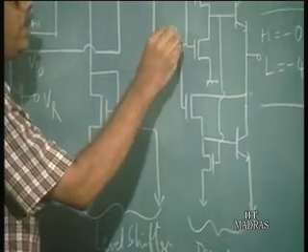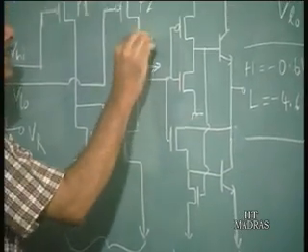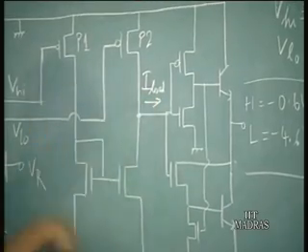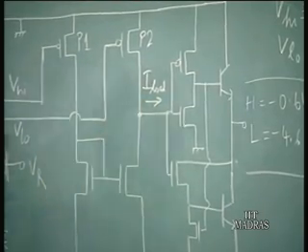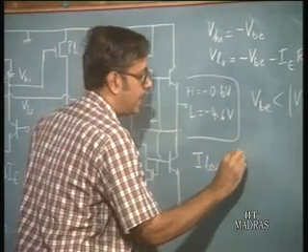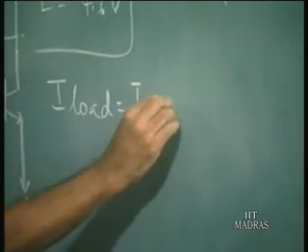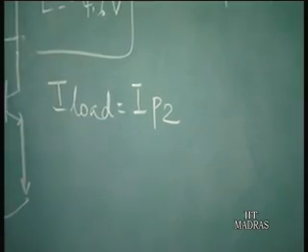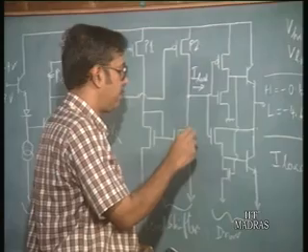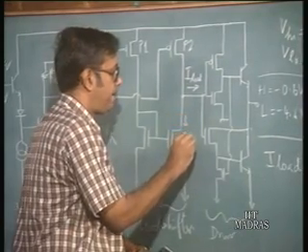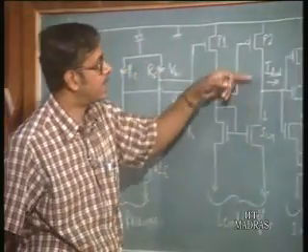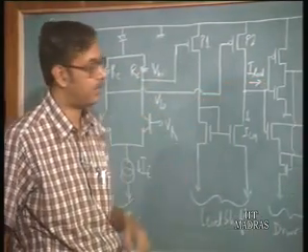Now, if we consider this current flowing out of this level shifting stage as I load, it can be written as IP2, that is this transistor, this current, minus this current which we call the current mirror current, ICM. That is the I load, the current flowing here.